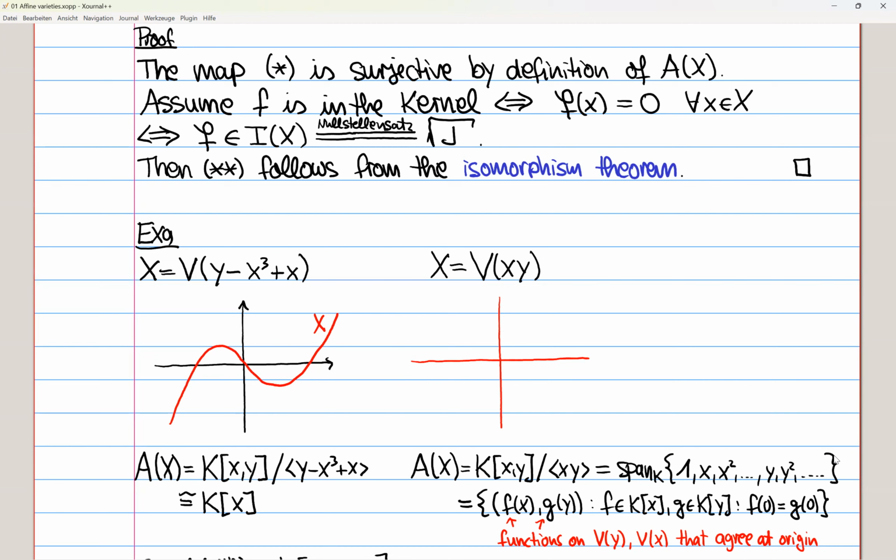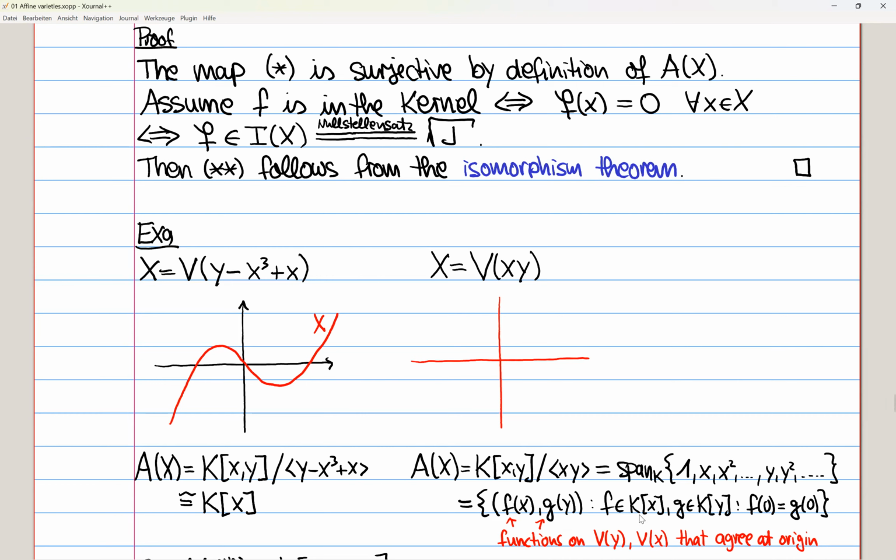And this has a nice interpretation because you can see this as saying you have 1 degree of freedom for x, 1 degree of freedom for y, and then you can decide what the constant term is. In an alternative way, which you can think about as an exercise, this vector space is also described by pairs of functions f(x) in the variable x and g(y) in the variable y.